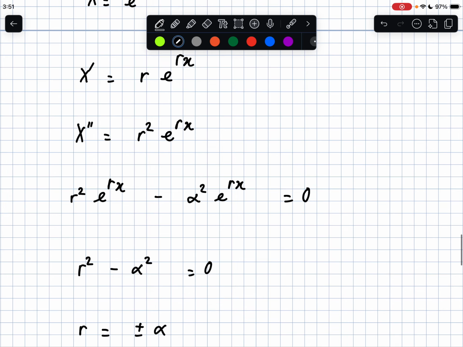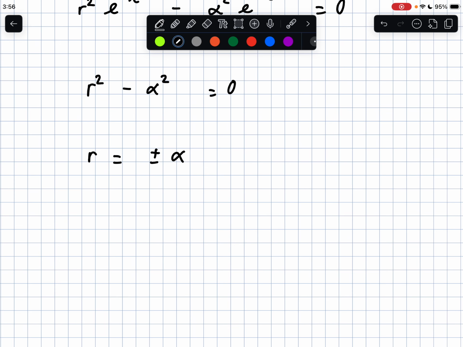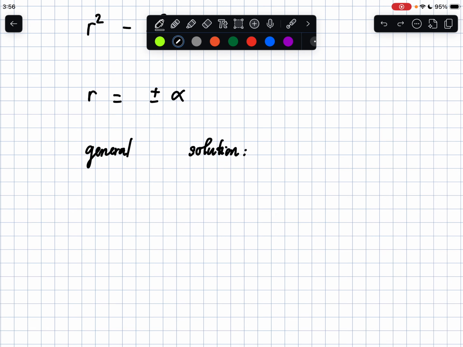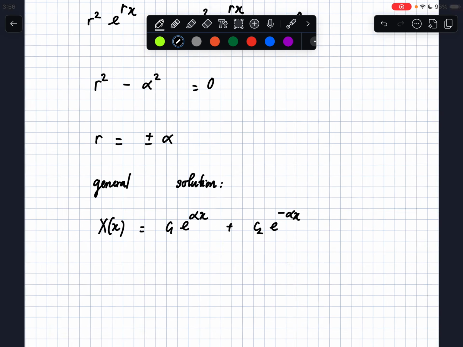And with that, we have the general solution. X of x equal to exponential alpha x, let's say c1, plus c2 e minus alpha x. So this is our solution.